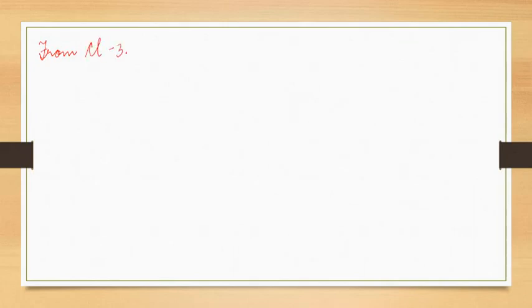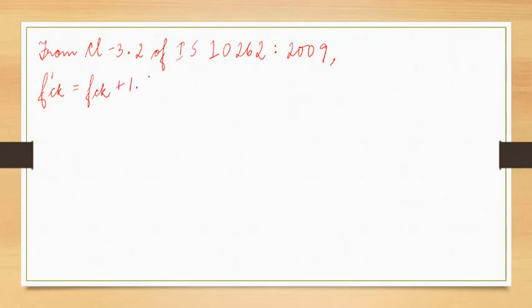From clause 3.2 of IS 10262/2009, we have FCK dash is equal to FCK plus 1.65S. Now what is FCK?